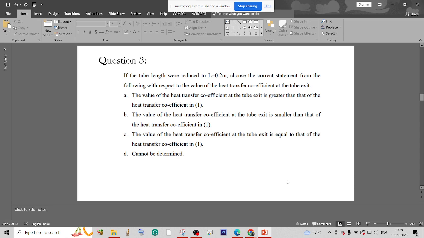Let me calculate here. The hydrodynamic entry length is 0.05 Re D. So first we calculate the Reynolds number.